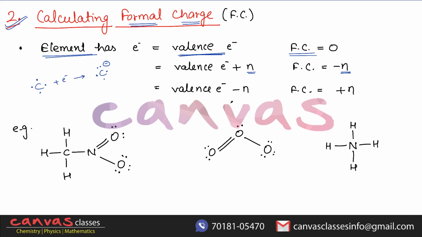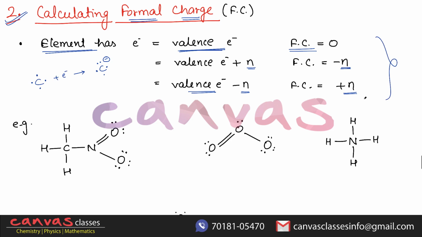If we have fewer electrons than its valence, then it must have lost those electrons. So if the total number of electrons is valence electrons minus n, then it will have a formal charge of plus n. Okay, I'll explain how to use this theory.